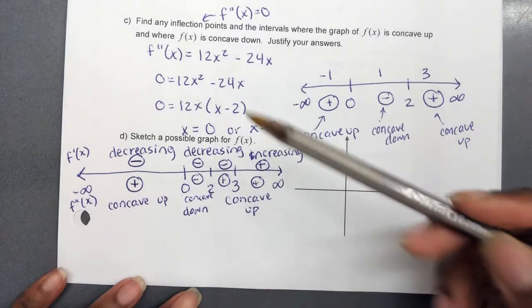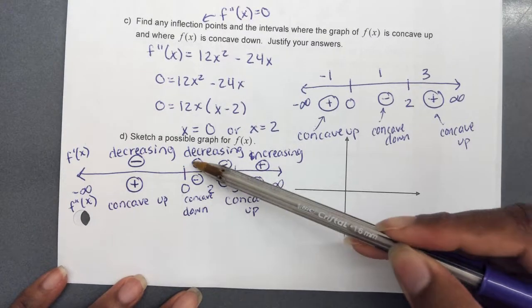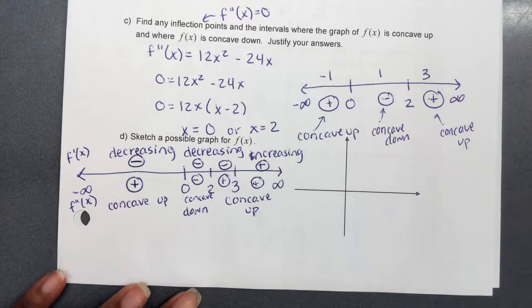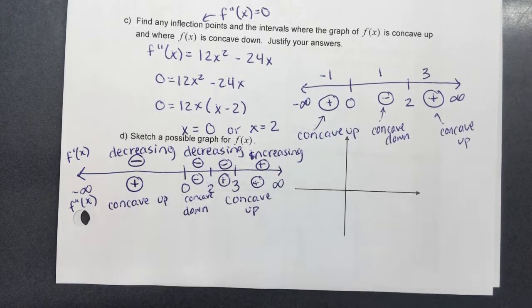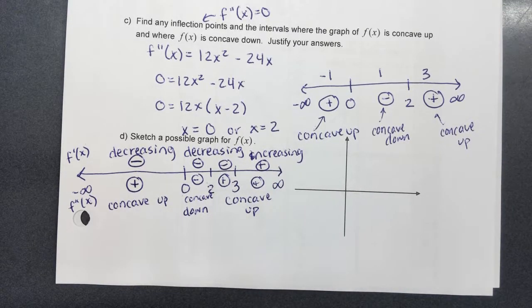So now my number line is split into 4 different intervals. And each interval tells me 2 pieces of information: increasing or decreasing, and concavity. And looking at our table from the first page, we can sketch what that part of the graph should look like.